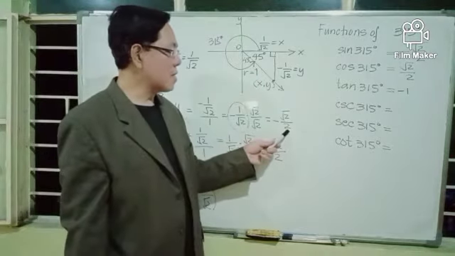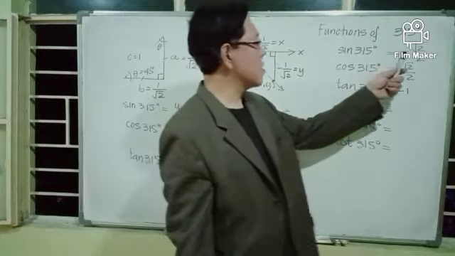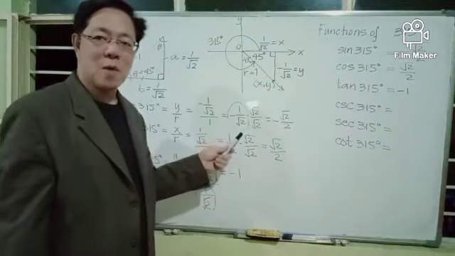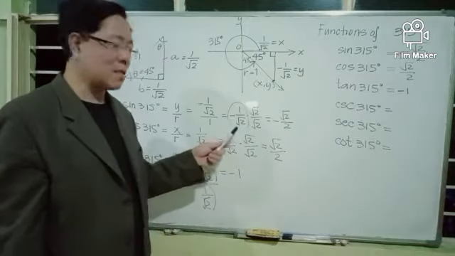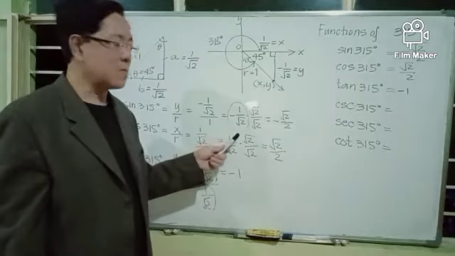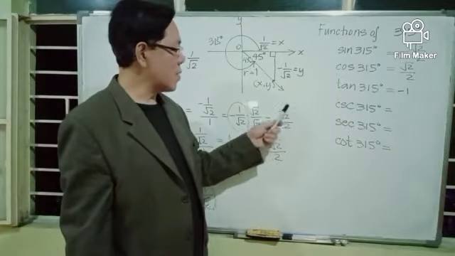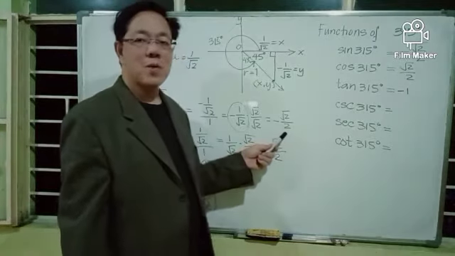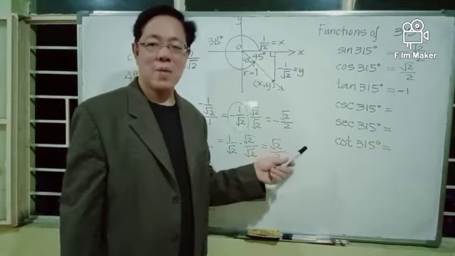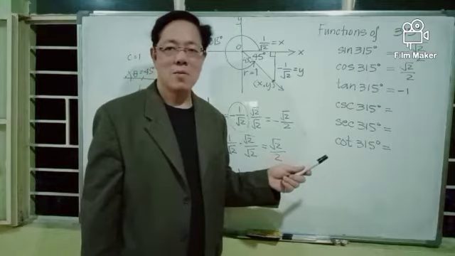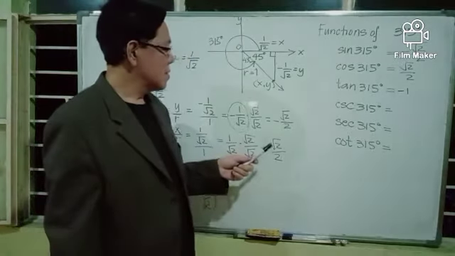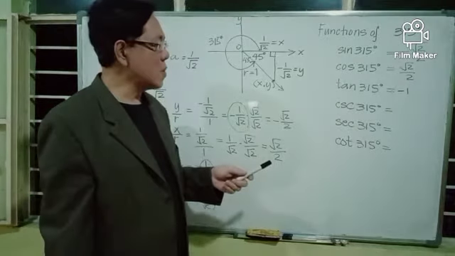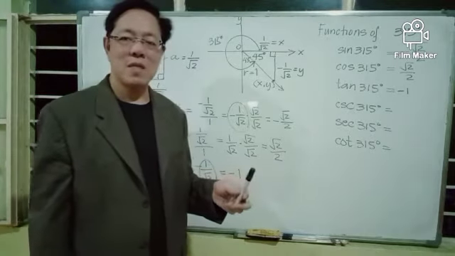Instead of getting the reciprocal of negative square root of 2 over 2, we get the reciprocal of the original value of sine of 315 degrees, negative 1 over square root of 2. Because if we take the reciprocal of this, negative square root of 2 over 2, we still have to rationalize the denominator, and that would require additional steps to find the value of cosecant of 315 degrees.